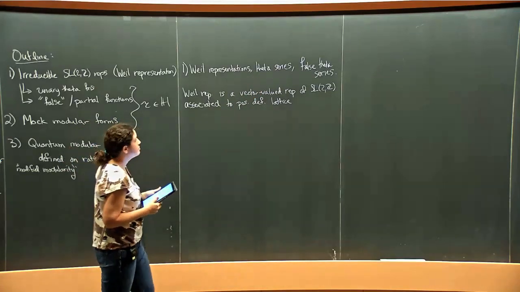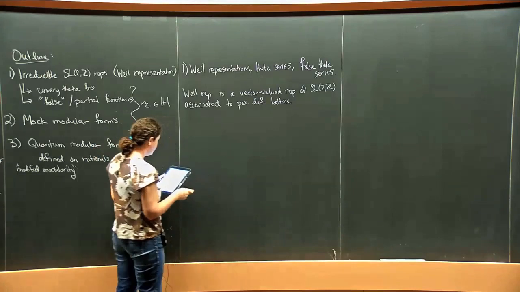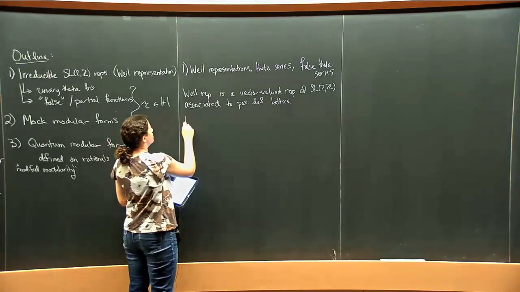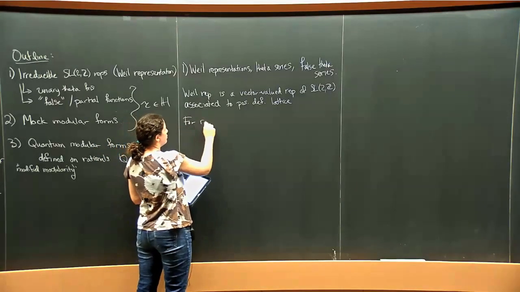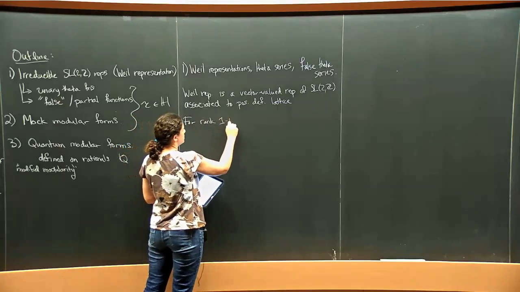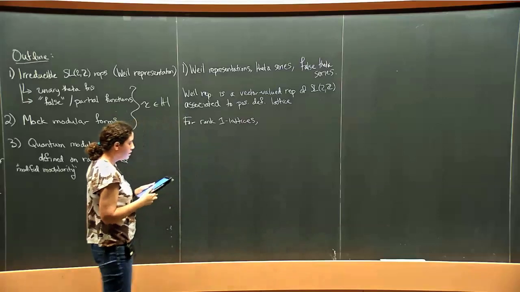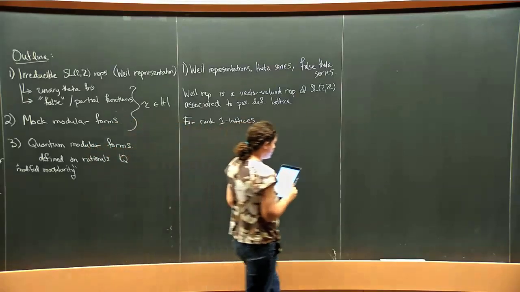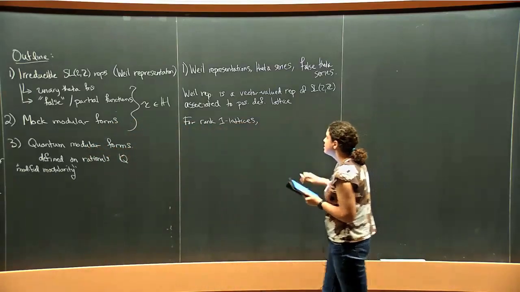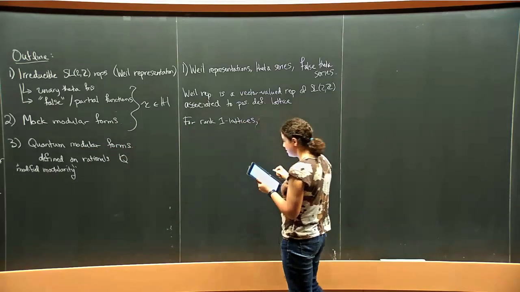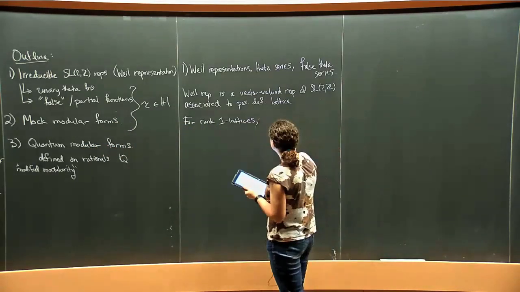The simplest case is lattices of rank 1. For rank 1 lattices, we can associate an integer m and a quadratic form.